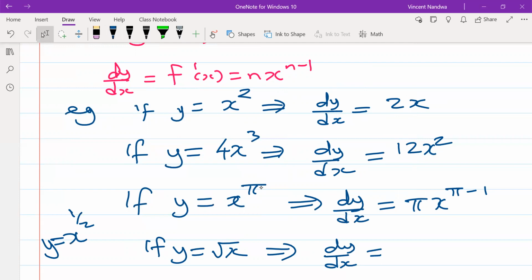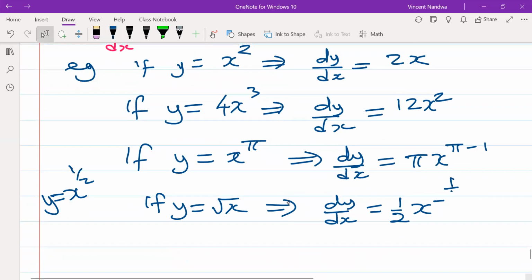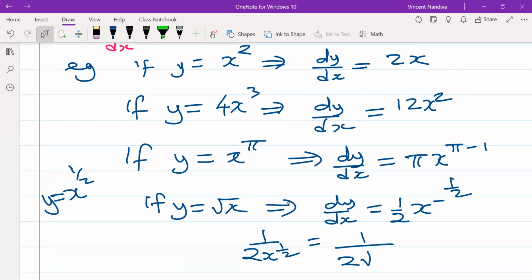So when you drop the power, a half x power, you are subtracting 1 from the original power, negative half, half minus 1. Remember, the same thing you can write as a half times x raised to power negative half, which is 1 over 2 root x. We have already done this one before.